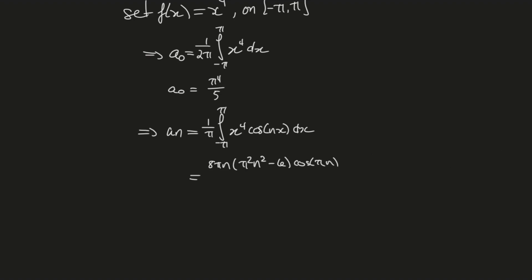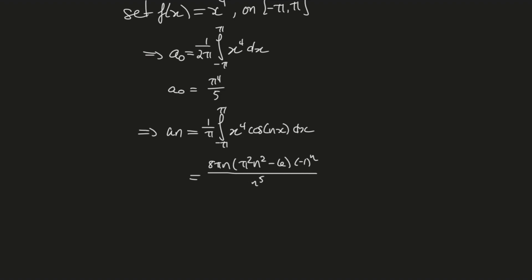And similarly, the cosine of pi times n, if you picture the circle, it's the cosine of pi here, and then 2 pi, and then 3 pi, and 4 pi, and it just alternates between both. So it's the same as saying negative 1 to the n. And all of this is divided by n to the 5th.